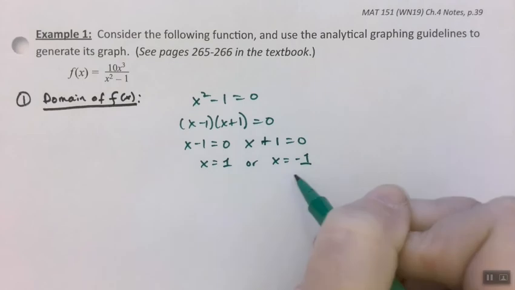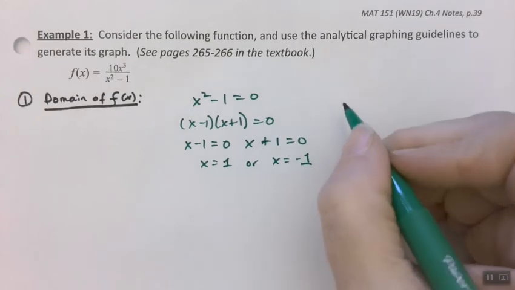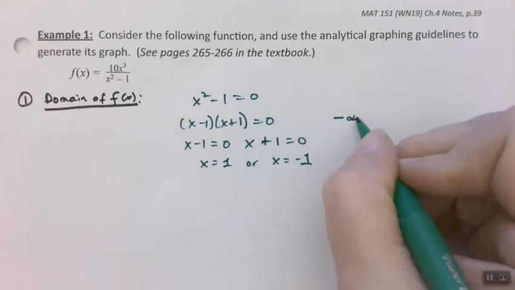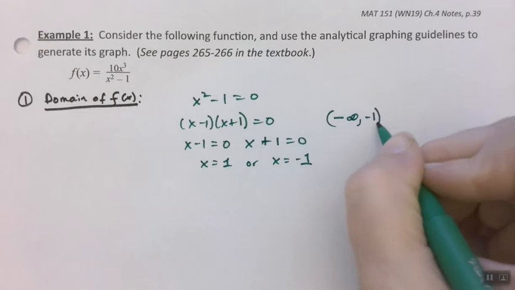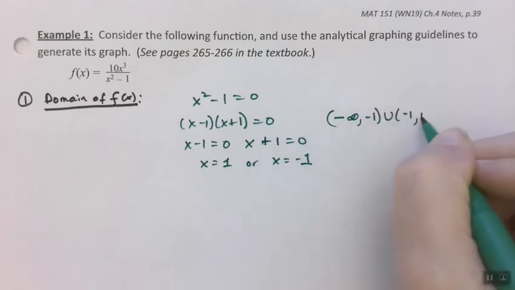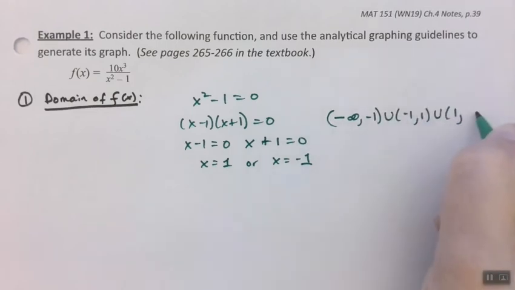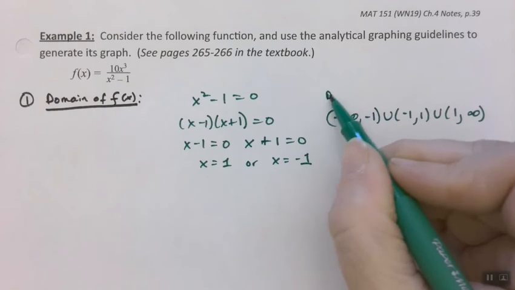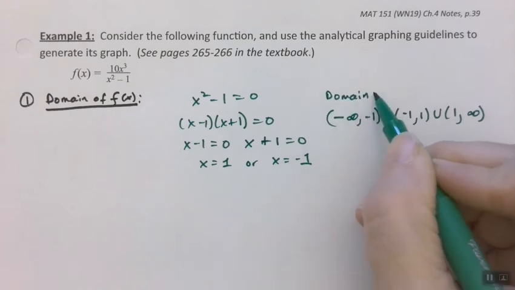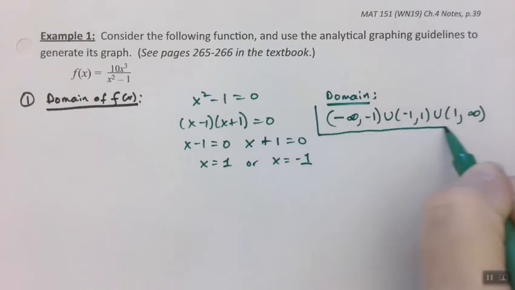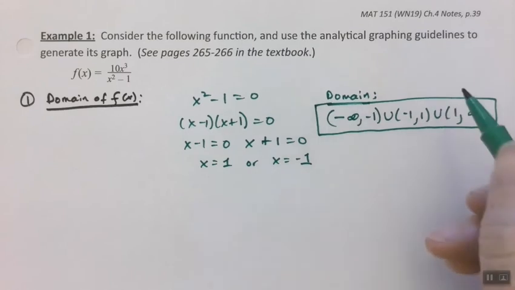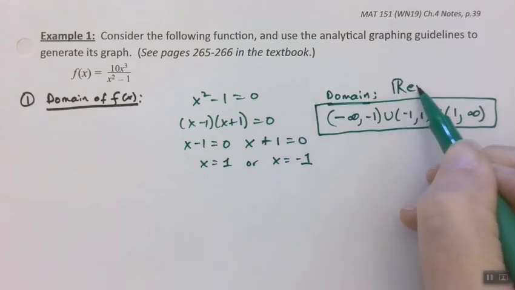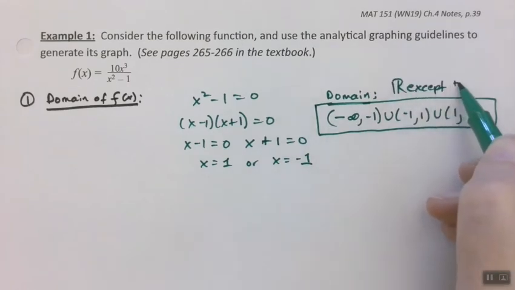Right, so those are the domain restrictions. These are things you cannot have. So your domain is negative infinity to negative 1, union with negative 1 to 1, union with 1 to infinity. This is the domain. In other words, it's all real numbers except plus or minus 1.